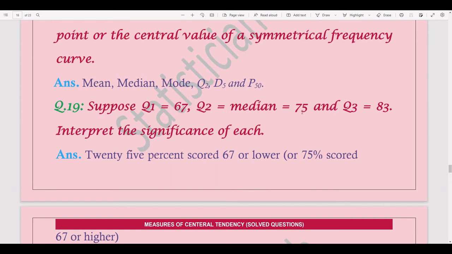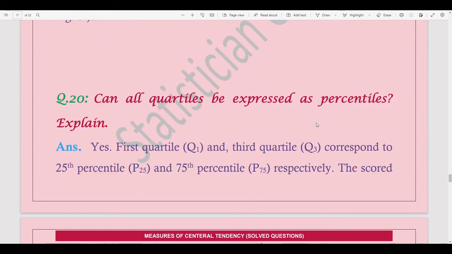Q2 is equal to 75, meaning persons from 26 to 50, that is 25 persons, have scores from 67 to 75. Then the next quartile ranges from 75 to 83, the next 25 scores, and the remaining scores are in the remaining 76 to 100 group.